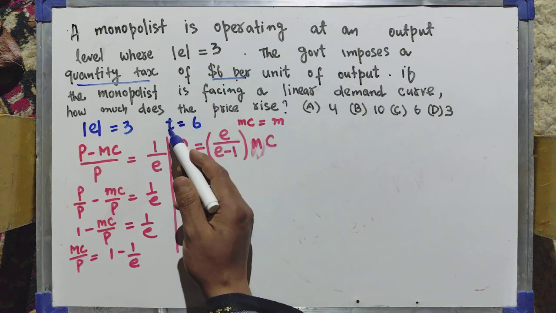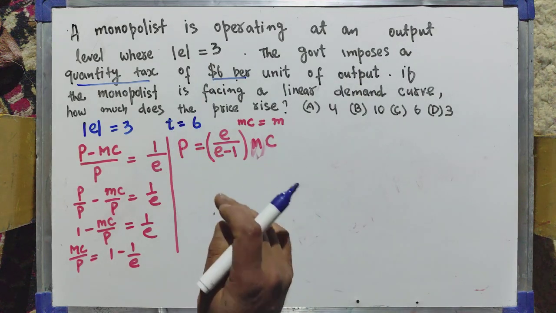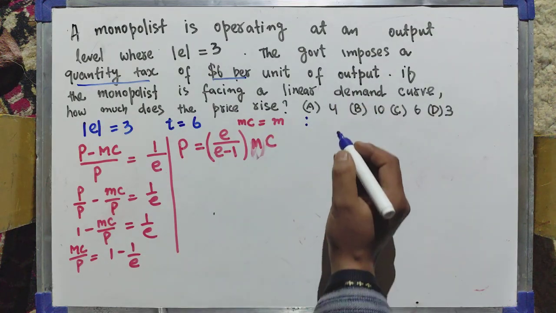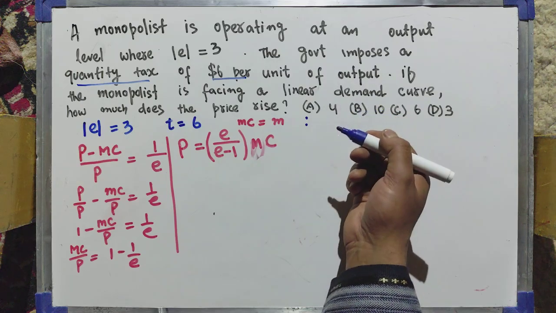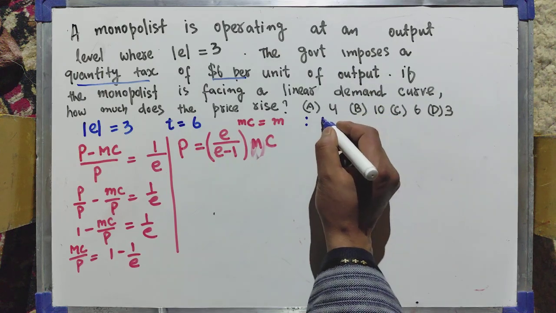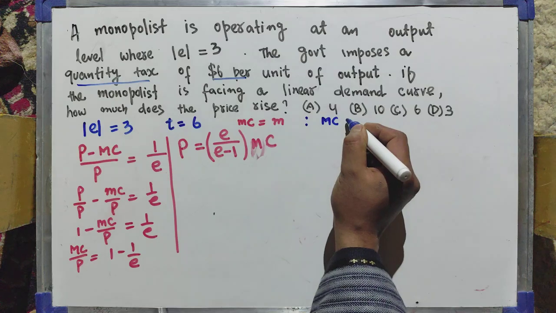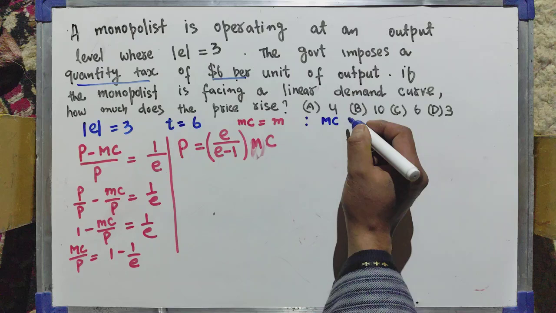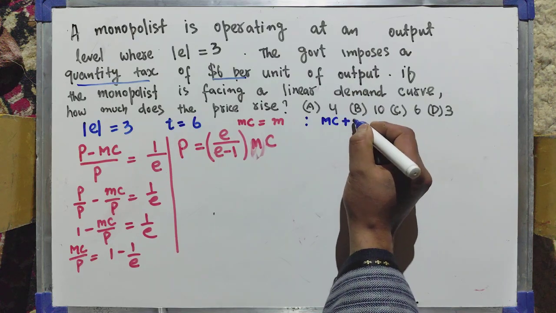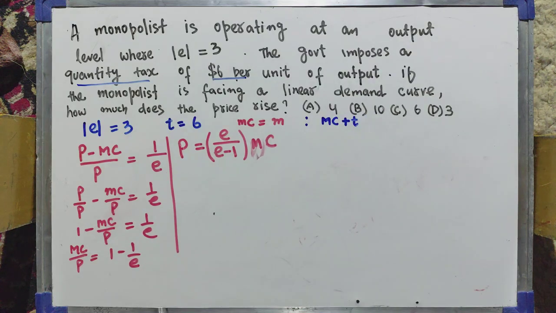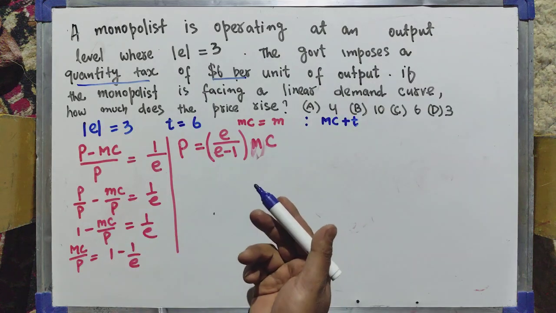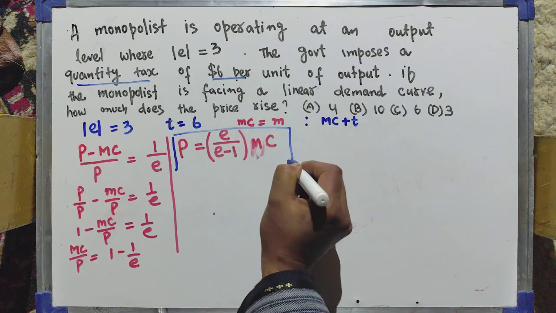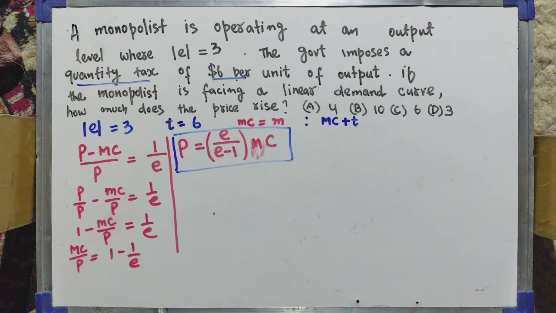Now when a per unit tax of $6 is being imposed, what happens to the marginal cost for the monopolist? After the imposition of the per unit tax, marginal cost will increase by the amount of tax, that is T. So again using the Lerner's index, we got the relationship between initial price and marginal cost is this function.